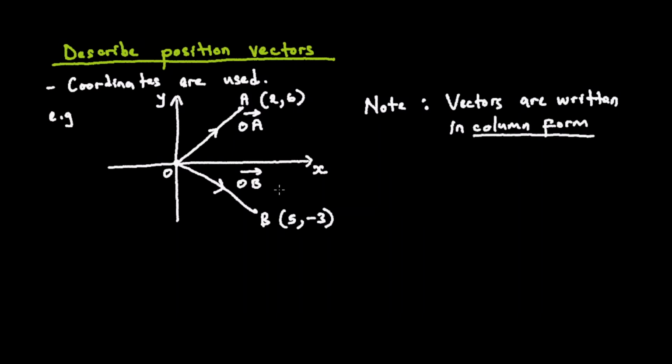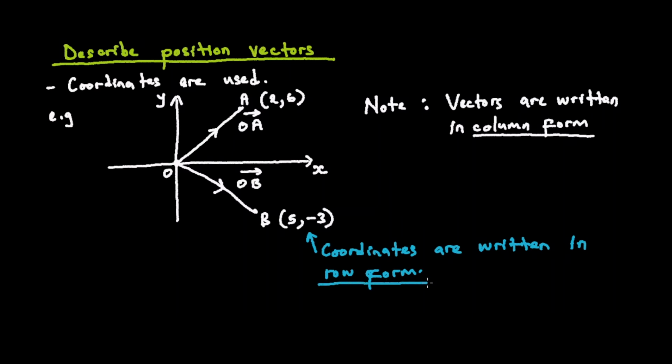They are not written in row form. The importance of this is, my coordinates are written in row form. This is what we refer to as the row form, but vectors are written in column form.